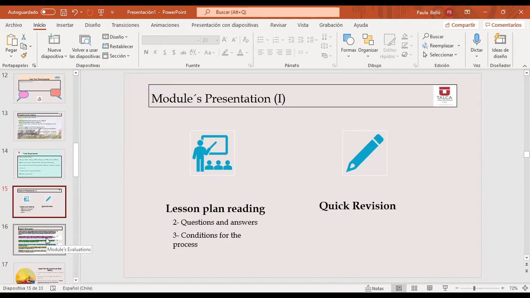Do we start with the lesson plan or the evaluation? Everything is mixed together in the lesson plans I create. You have step by step everything, all of the activities and topics described in the lesson plan.